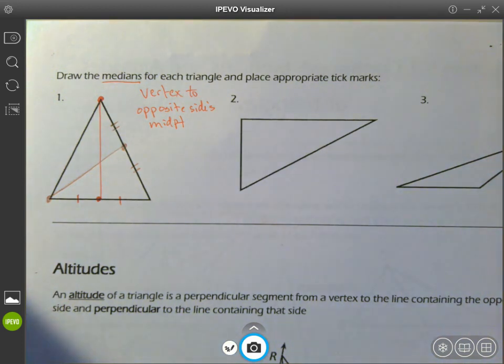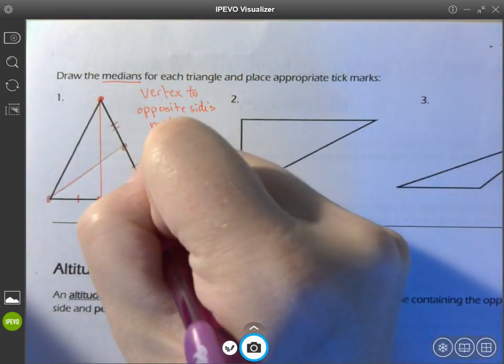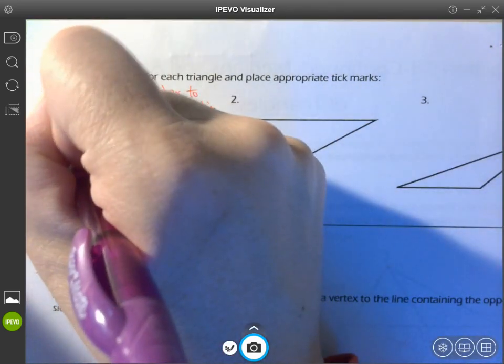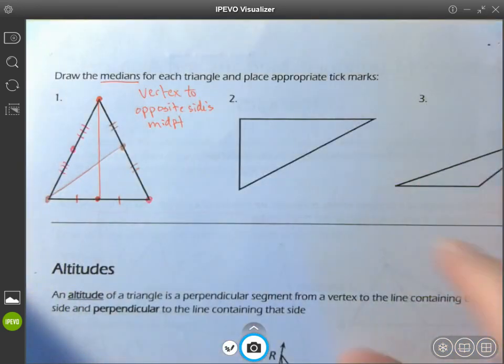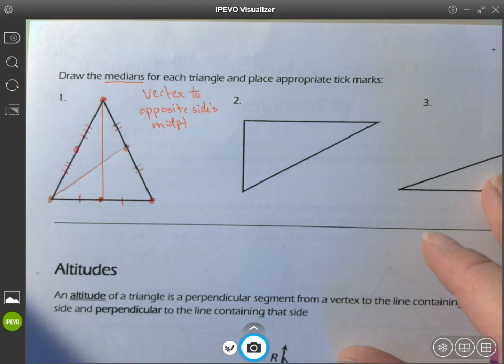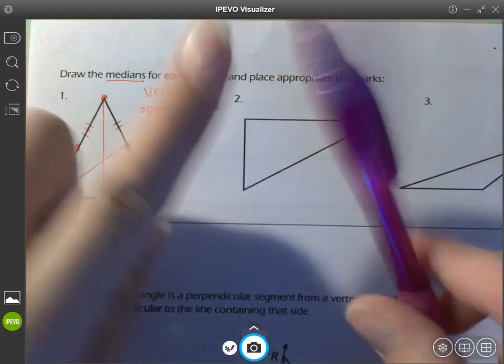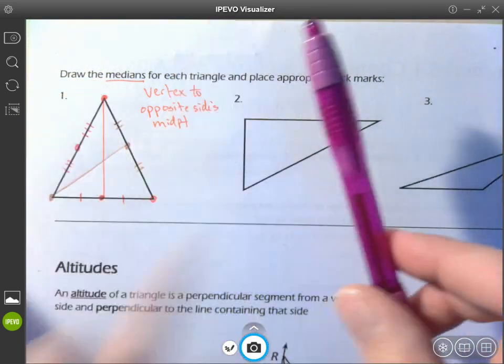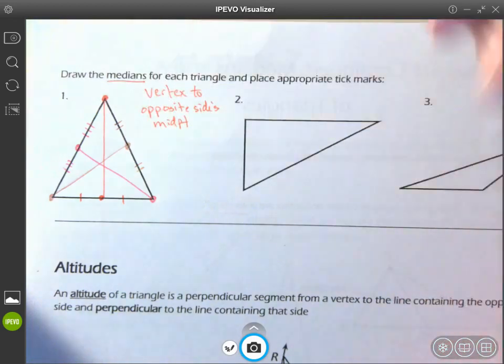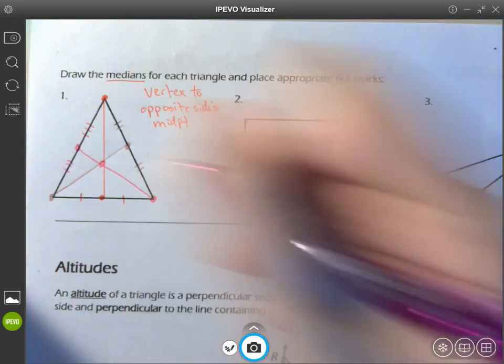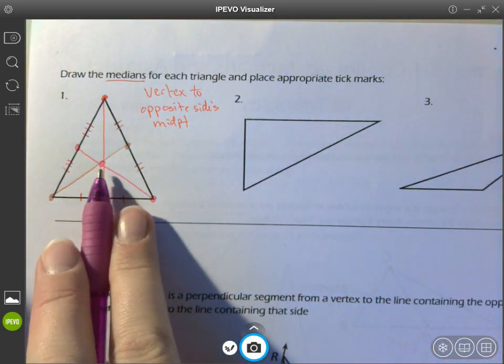I know I have another color somewhere around here. Okay, and the last one, find your vertex, mark your midpoint. So again, this is not an official midpoint. Even measuring it doesn't give you the best midpoint. You actually would construct it with a compass, that little thing that has the angle on it, and you spin it around. And then just connect these. Now, do you notice, if you did it fairly well, that these all come together at one point?